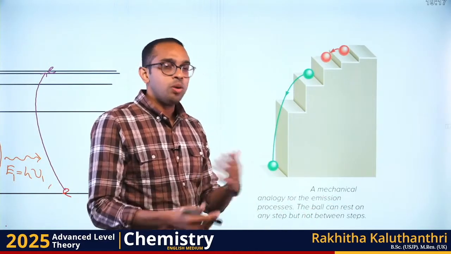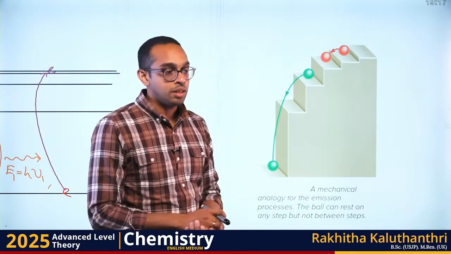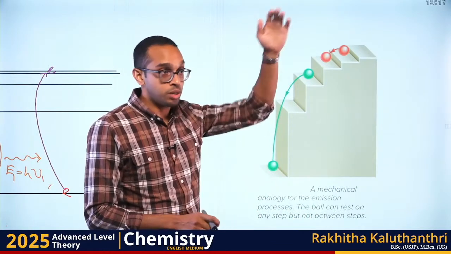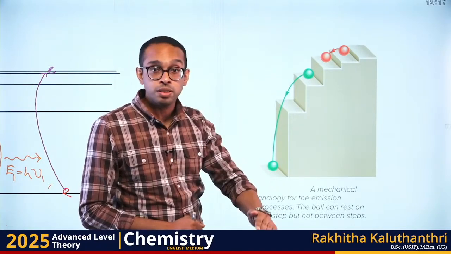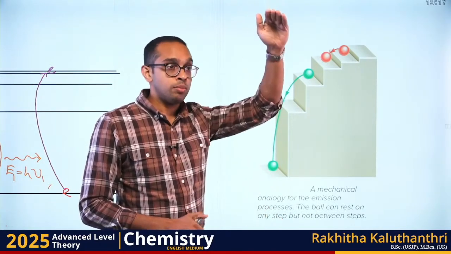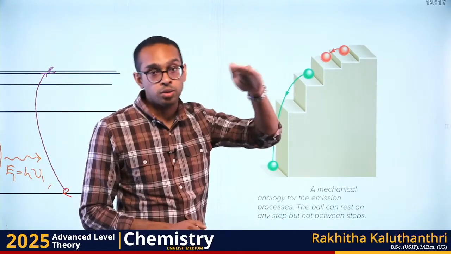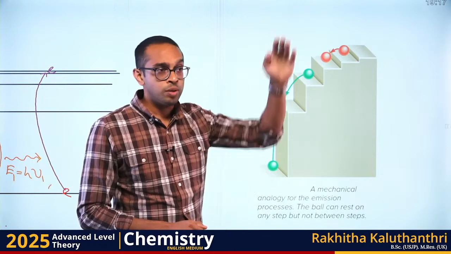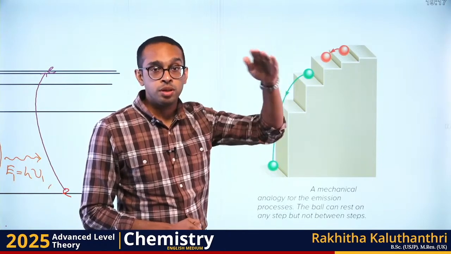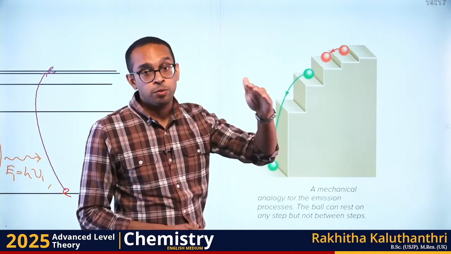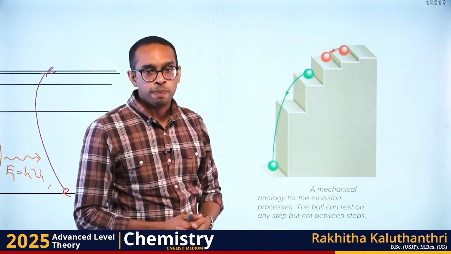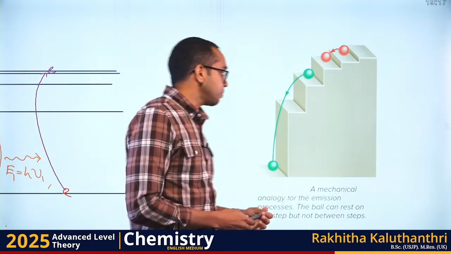So it all depends how the electron transition is going to happen, whether it's going to come down from the 5th energy level directly to the 1st, or whether it's going to come down to the 4th, then to the 3rd, then to the 2nd, and then to the 1st, or whether it's randomly going to come down from 5th to the 3rd, and then 3rd to the 1st, or maybe 5th to the 4th, and then 4th to the 1st. Who knows? So it's all up to probability.